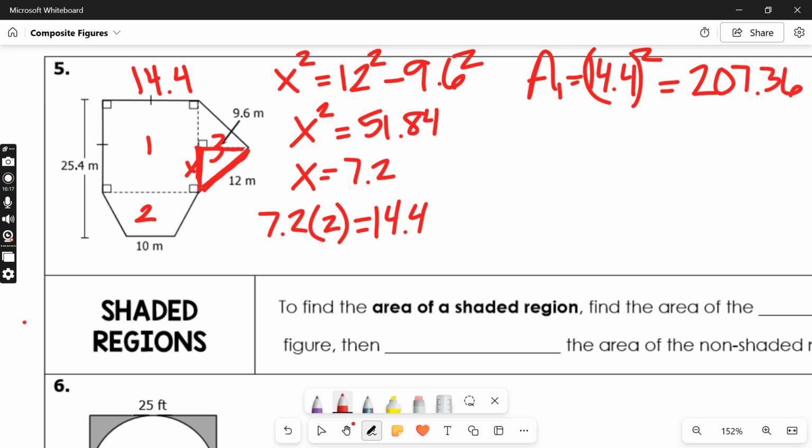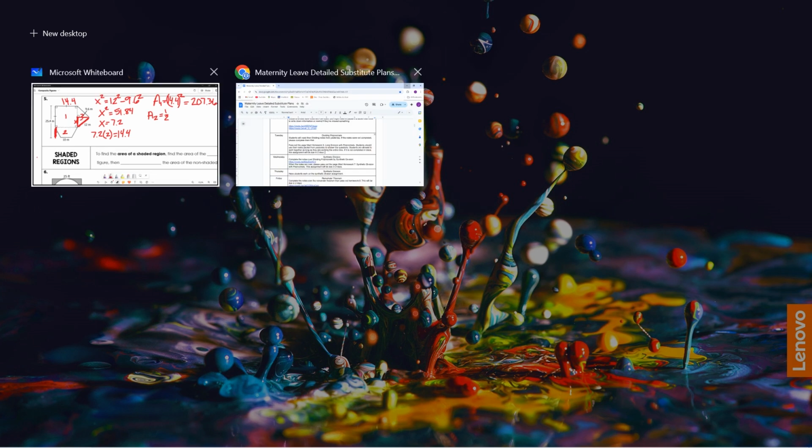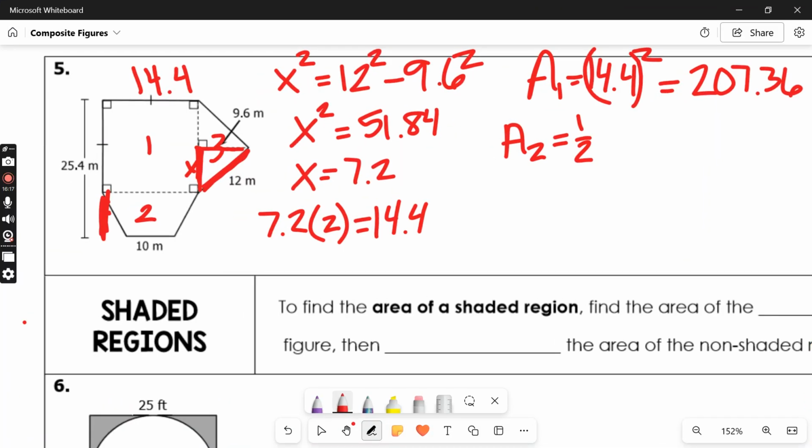Okay, I'm going to find the area of that triangle next. Oh, I guess I could do the trapezoid. I could do either one. I have trapezoid written as the second one, so I'll do that. Okay, so area is 1/2. My height is this part right here. If this is 14.4, I'm going to write it down here: 25.4 minus 14.4, and when I subtract those, I get 11.